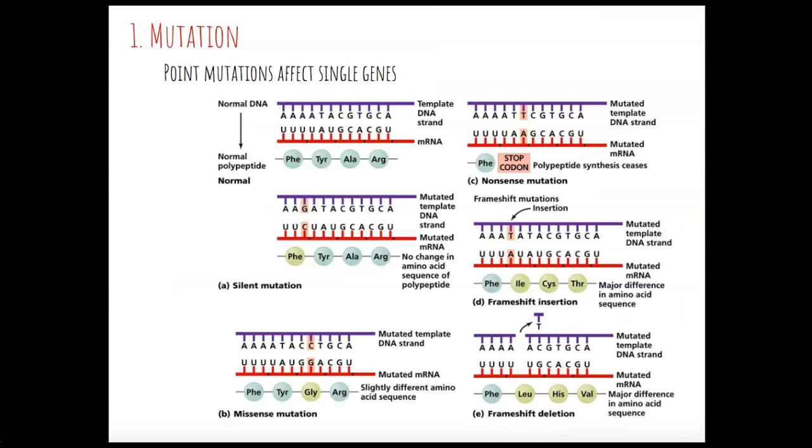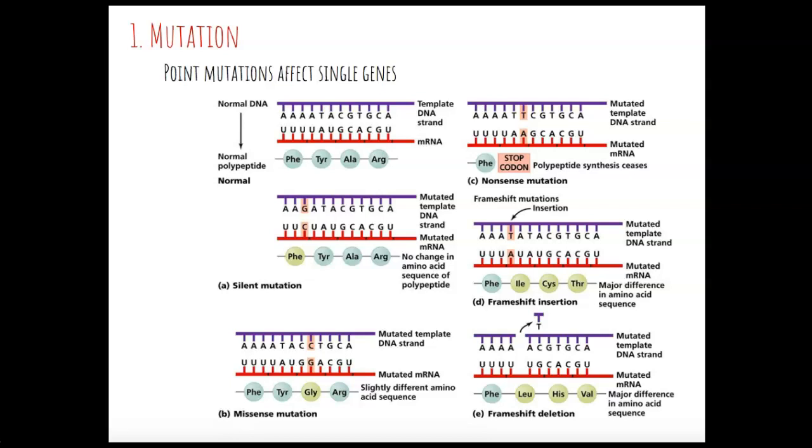In our class, we're going to talk about different types of mutations. The first thing we need to talk about is point mutations, which affect single genes. We'll also talk about mutations that affect entire chromosomes. So point mutations affect one gene at a time.